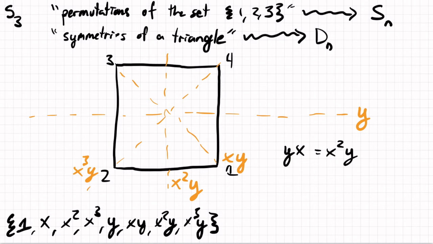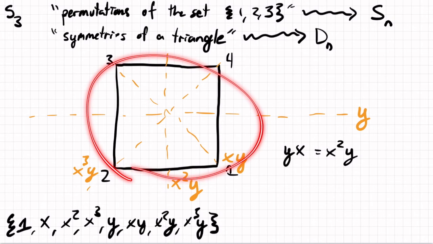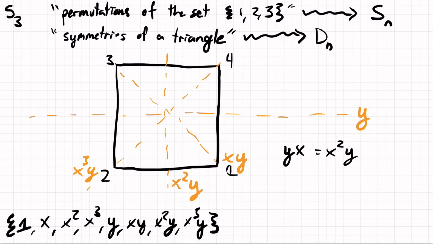Now that's not going to happen in the symmetries of a square. What will end up happening is if we have x cubed times y, that'll end up being the same as applying y and then applying x. So let's do that.